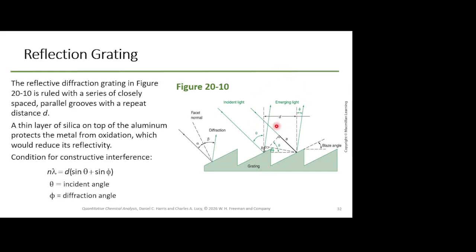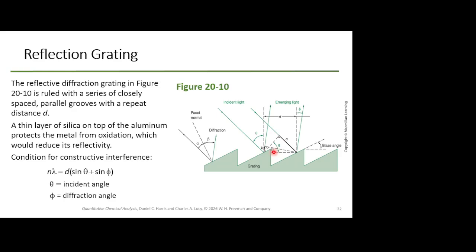Okay. And then the distance is going to be the distance between the gratings. And so this then is going to be the angle here, that would be right there.